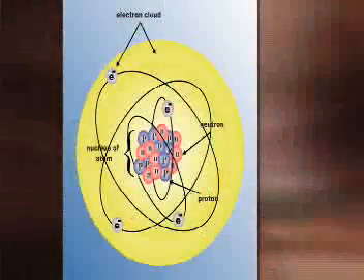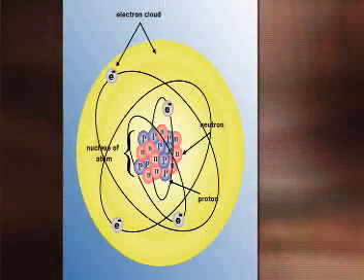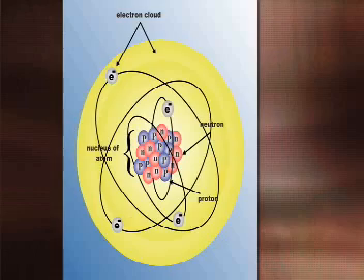The energy levels are called shells. These are represented with letters, starting with the letter K and increasing alphabetically depending on how many shells we have in a given atom. When an electron changes orbits, it absorbs or emits energy.